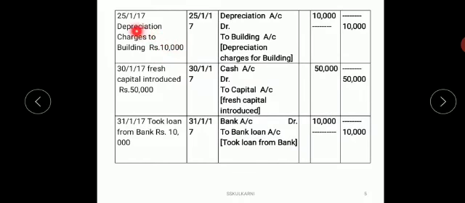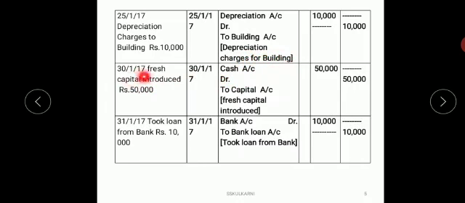So you are taking depreciation as an expense or loss. So it is increasing. So loss is increased by 10,000. I will write depreciation account is debited to building account 10,000, 10,000. So narration is depreciation charges for building.